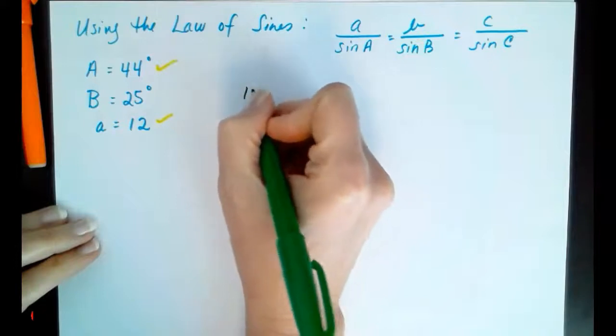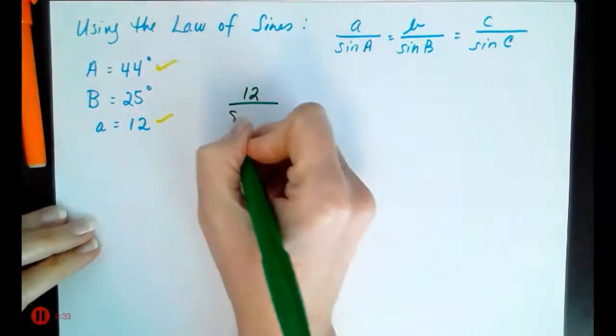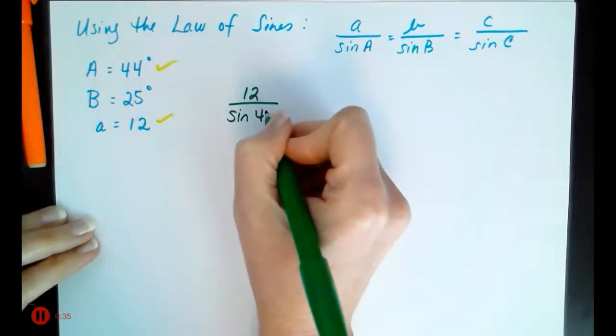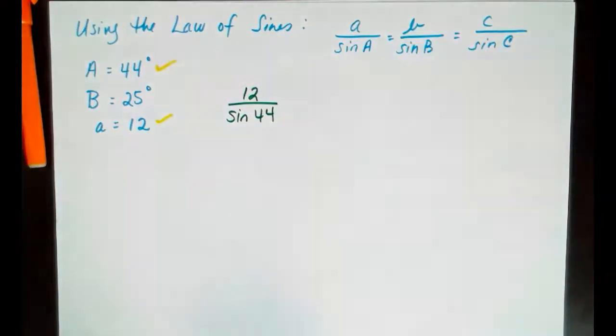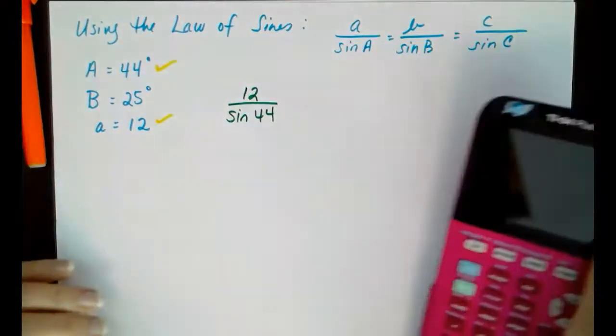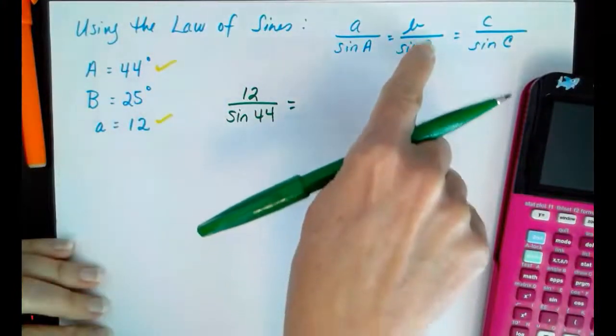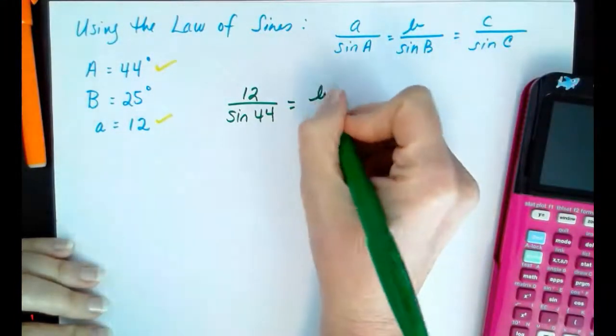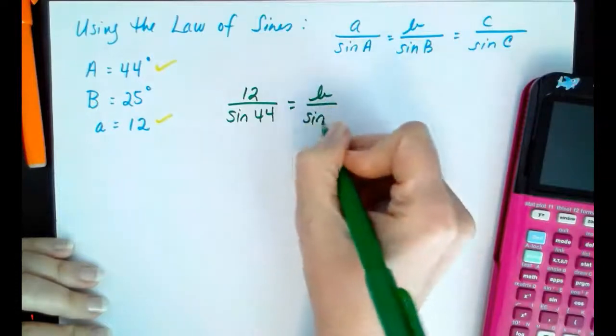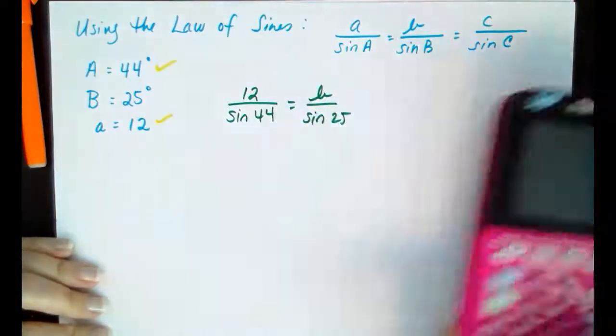So if we have little a over sine A, so that of course is 12 over sine 44, we can then use angle B, and that's going to help us find side B. So little b over the sine of 25.